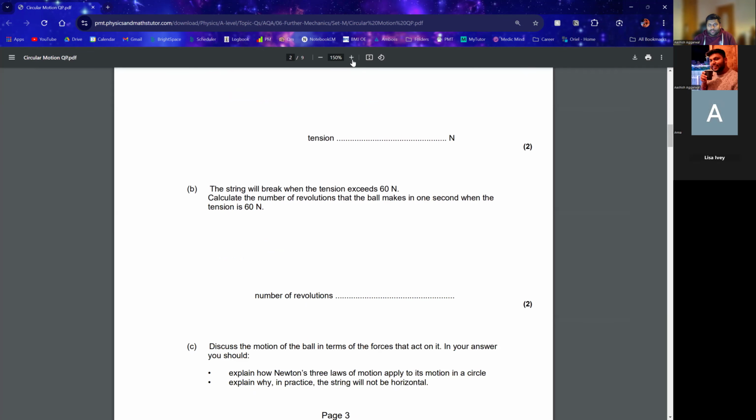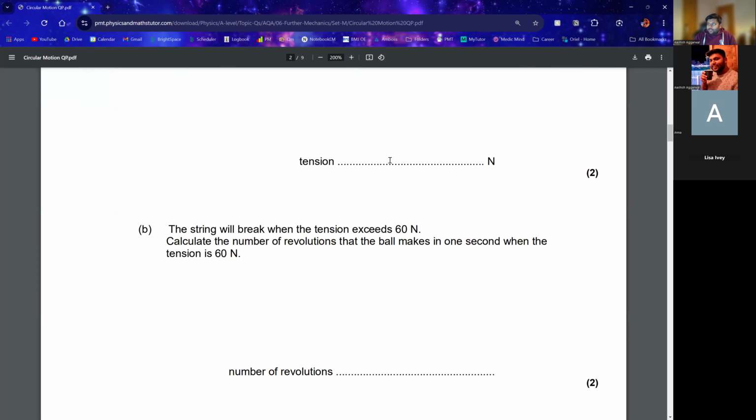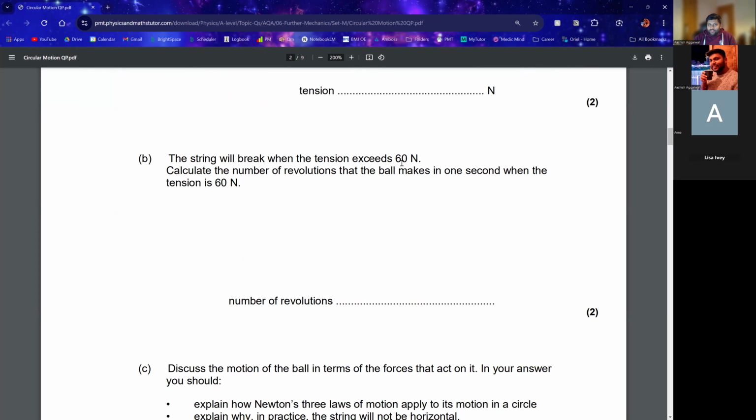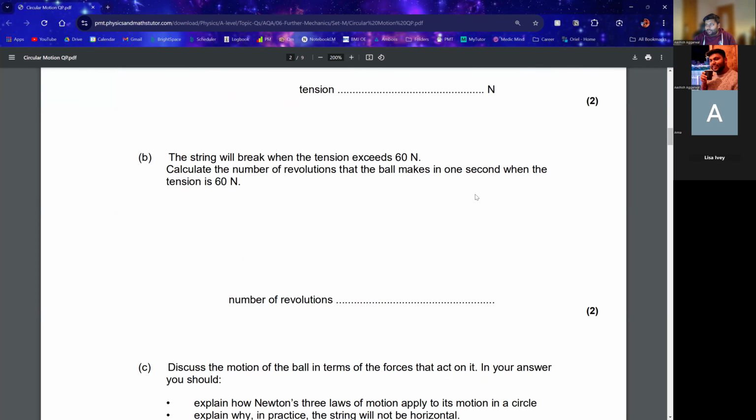Let me make this bigger. So you started off fine. You used the velocity formula. So you rearranged for velocity equals, what was your rearrangement? Velocity is equal to root of force multiplied into radians, whole divided by mass. Perfect, exactly.